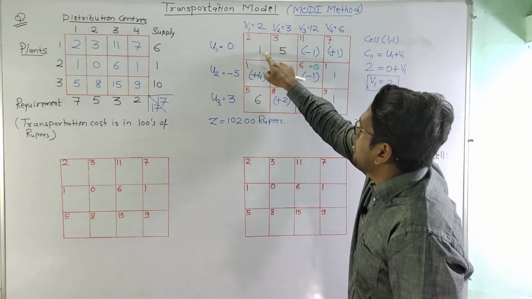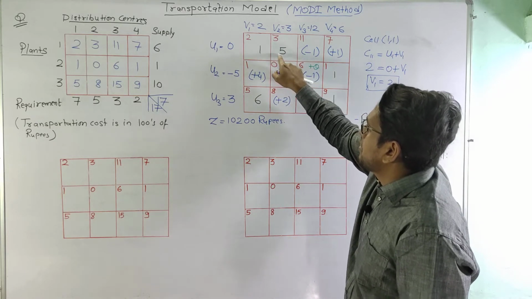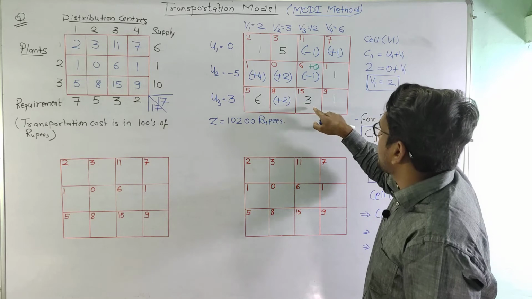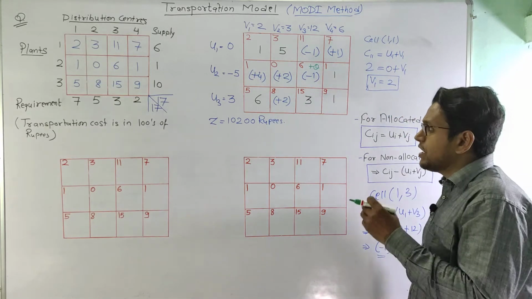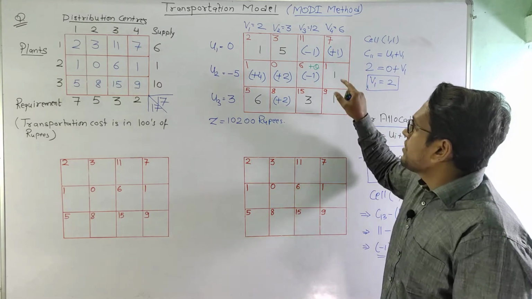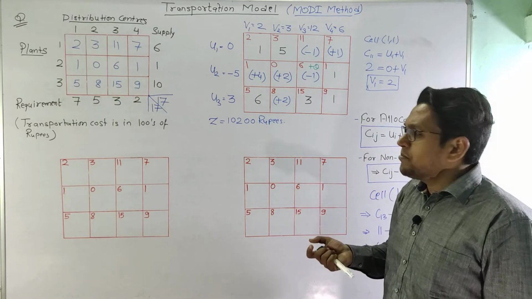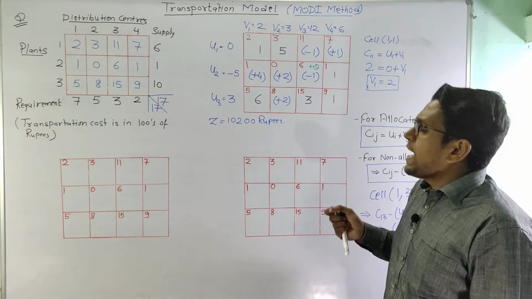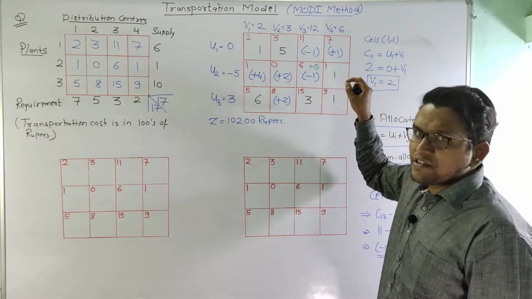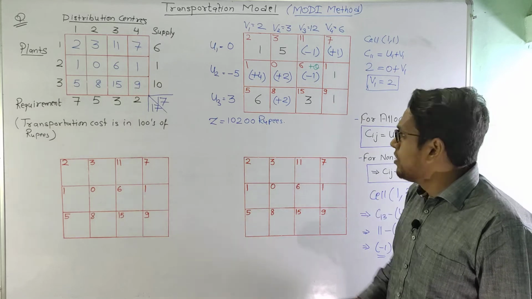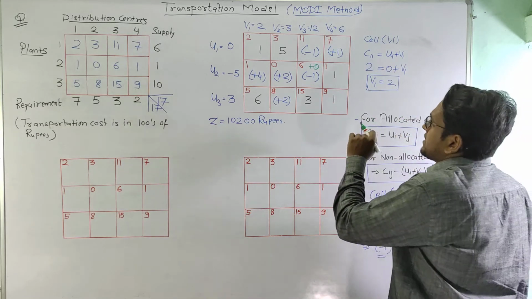Previously it had m plus n minus 1 allocations, that is 6 allocations, and after allocating here we have 7 allocations. That means we have more than m plus n minus 1 allocations, and this suggests that this matrix will certainly have a loop. So now let us find the loop.